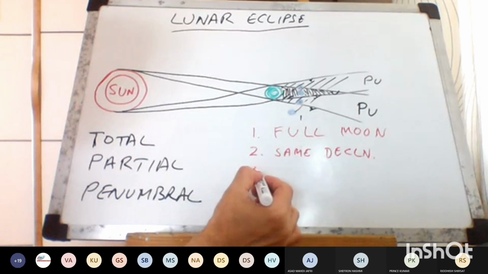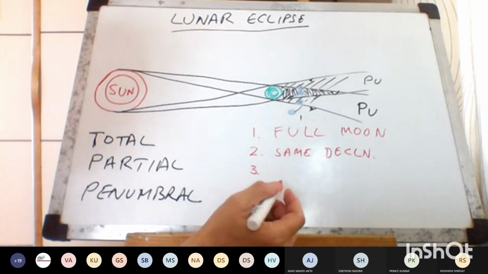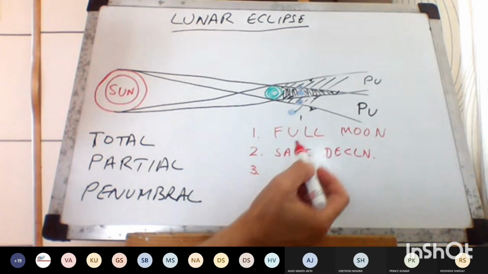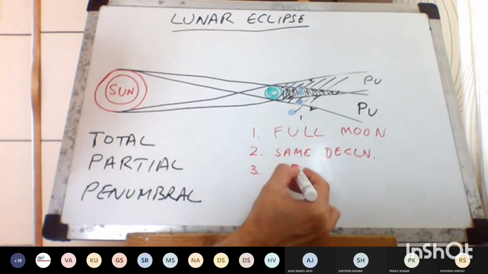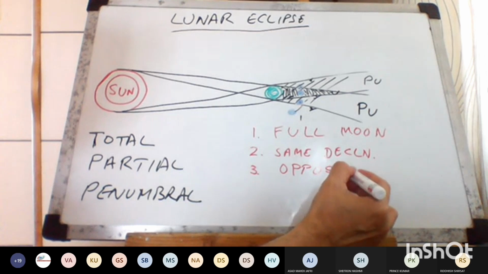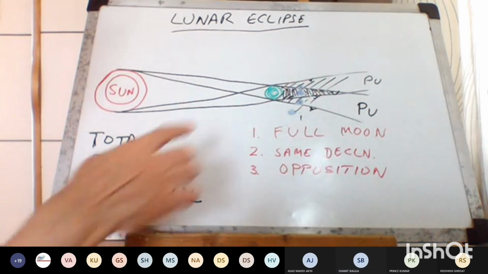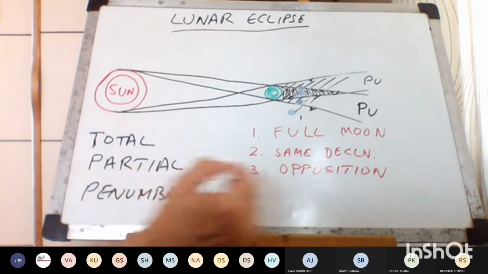Third point. The first point which you gave me last time, the opposite is another point now. It is in opposition. Now the moon is in opposition. It is in the opposite direction. First it was in conjunction. It was here. So it means what?